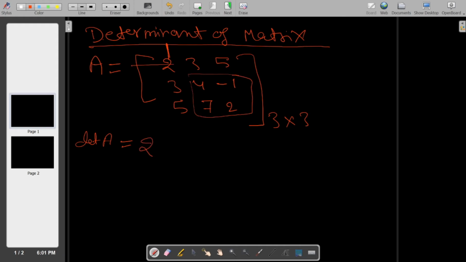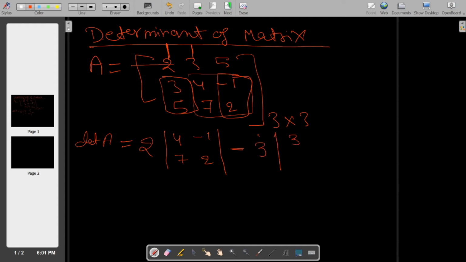So take 2, then 4, -1, 7, 2, then minus, you take this one now, so remove this row and column, so you will get 3, -1, 5, 2. So take 3, then you will have 3, -1, 5, 2.